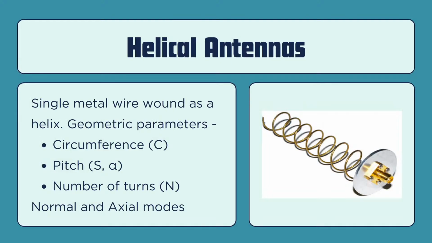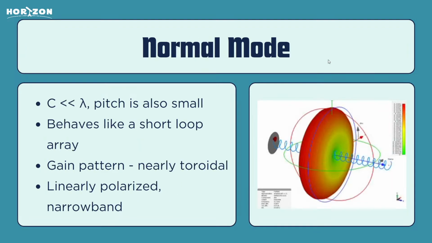The helical antenna has two modes of operation, which are the normal and the axial modes. For the normal mode of operation for the helical antenna, the circumference has to be much less than the wavelength, and the pitch also has to be very small.